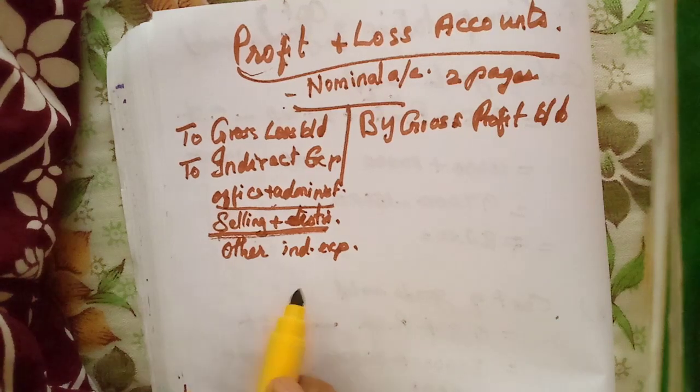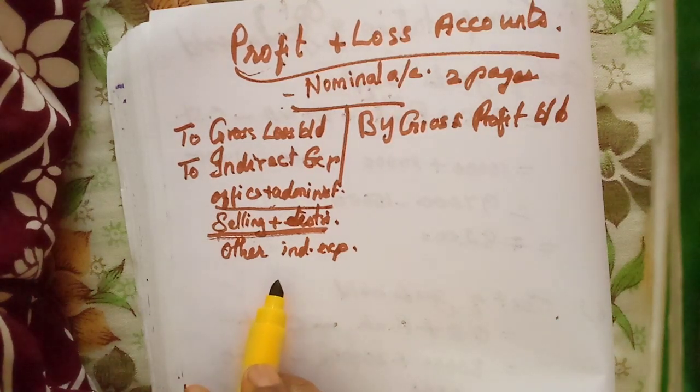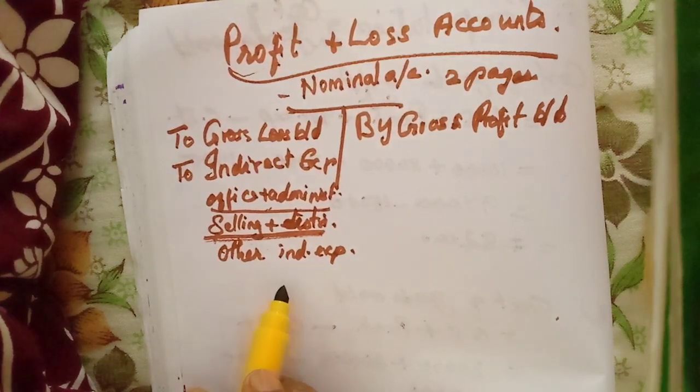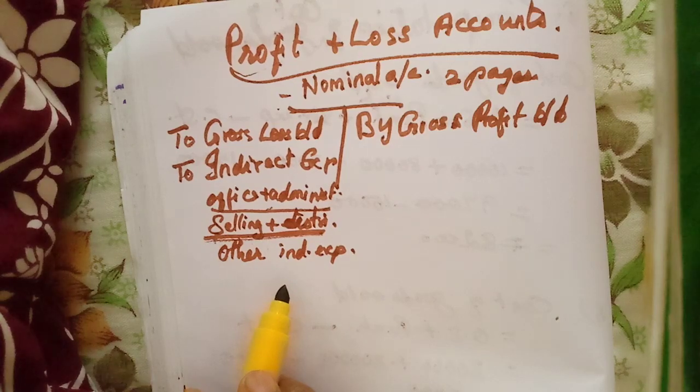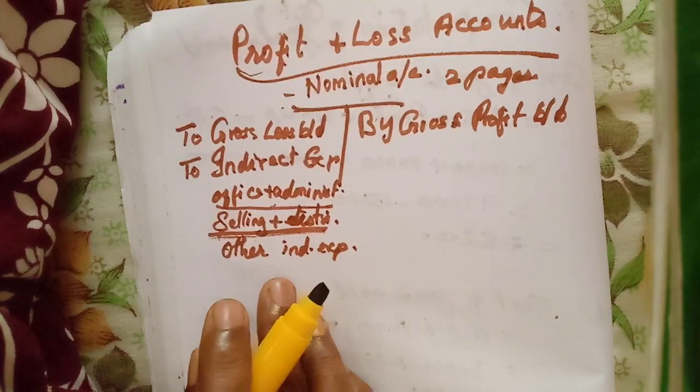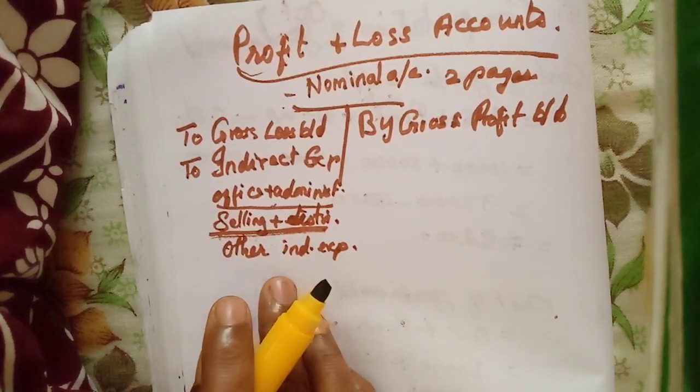Then any other expenses or losses. So we may have taken some loan, and for that we need to pay interest, so interest on loan. Then we might have sold some fixed assets, and if we sell them for less than the book value, we will incur a loss.